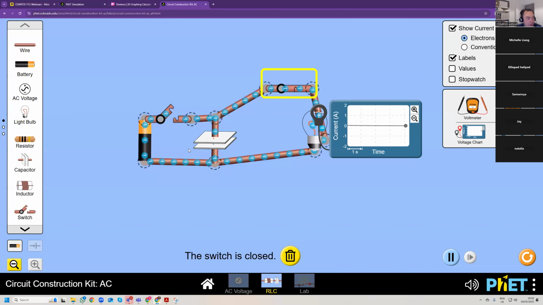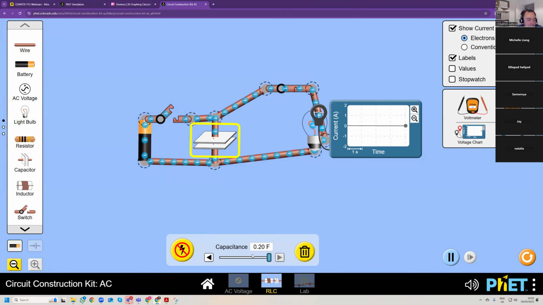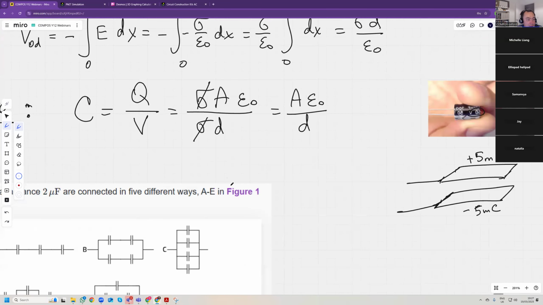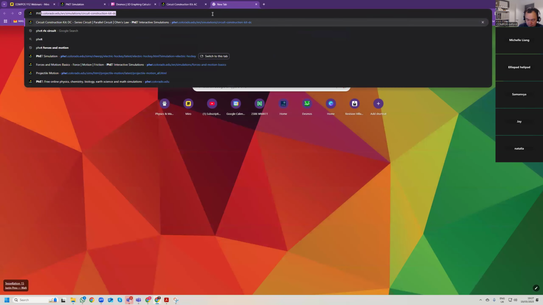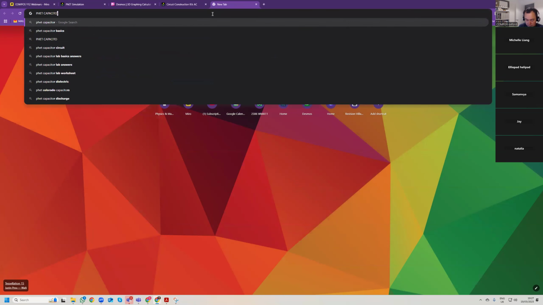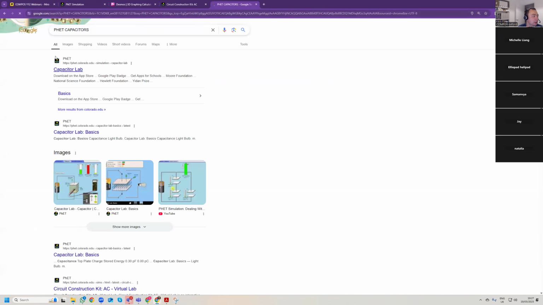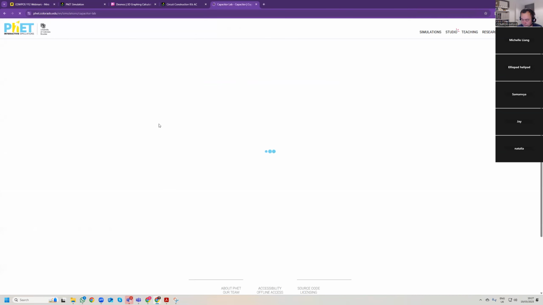So if you look at the capacitor and you click on the capacitor, if you want to reduce the capacitance, you get the plates further apart. And that corresponds to this. If you get the plates further apart, the distance between the plates gets bigger, the capacitance decreases. And if you want to increase the capacitance, you can also increase the area. So the capacitor lab.